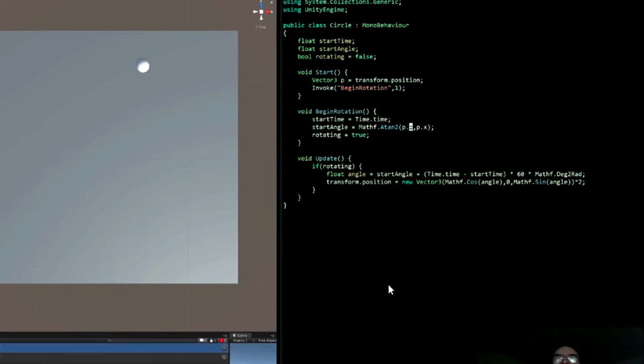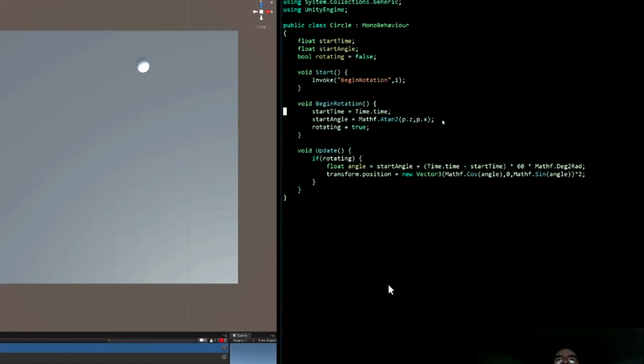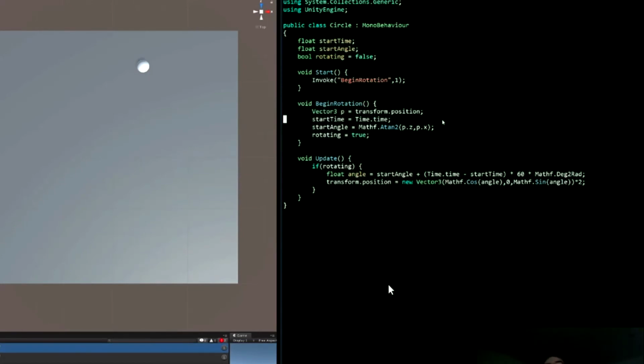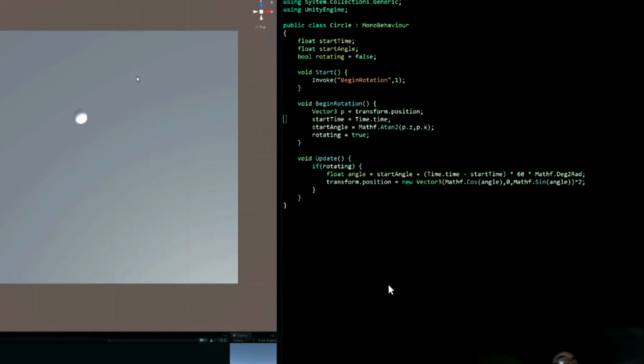Yeah, except this requires a string. It's hideous, the invoke function, but I'm going to just use it for now. Right. P does not exist. Oh, yes, that is true. Let me put that in there as well. There we go.